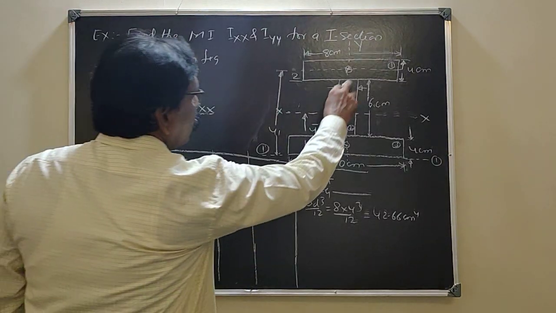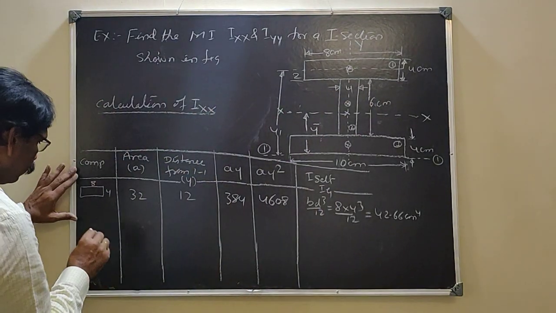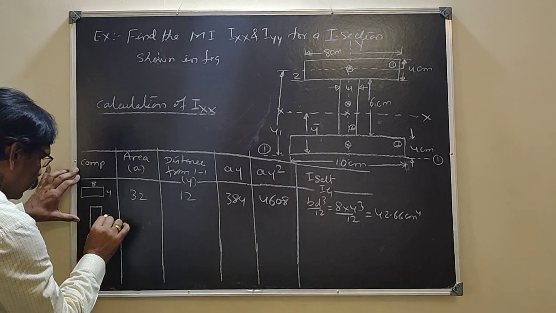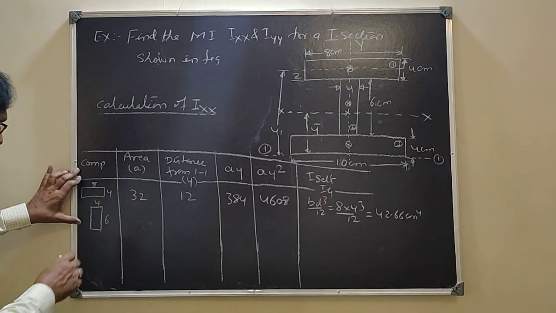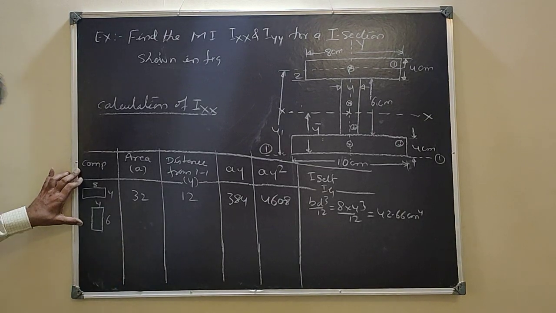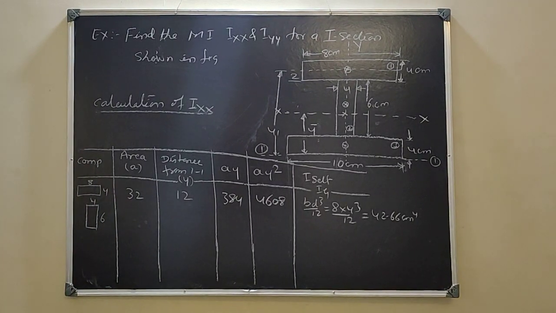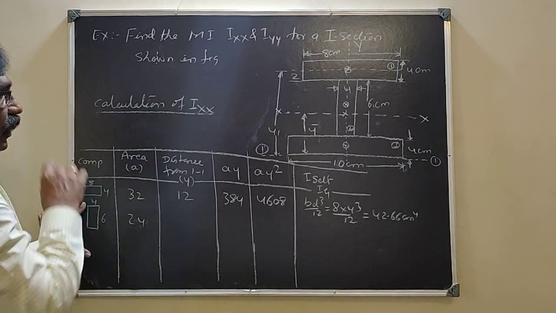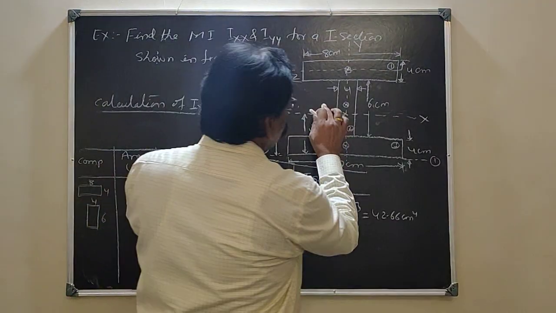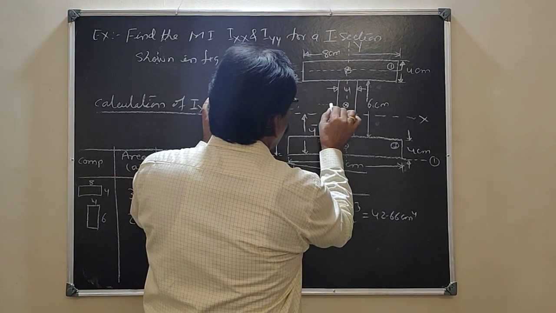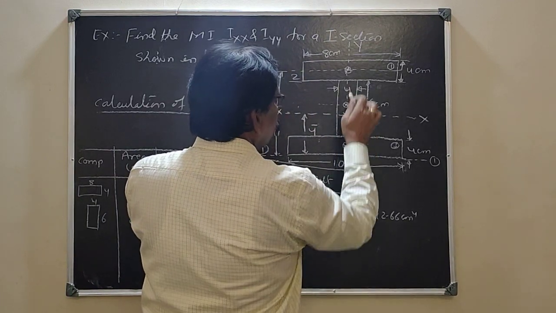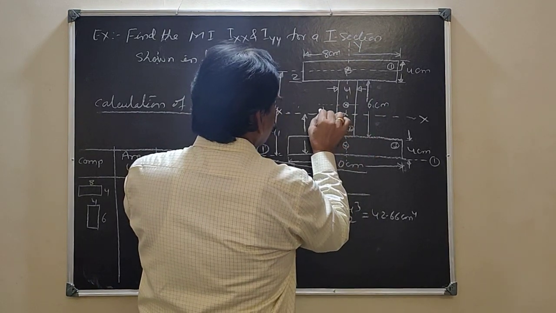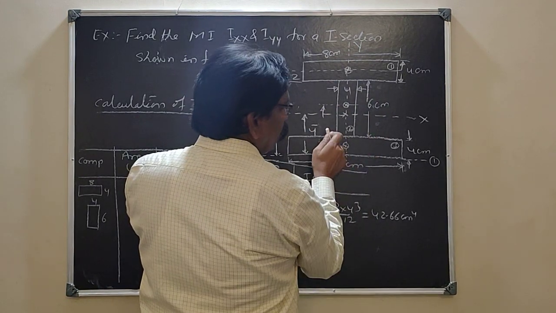Now the second unit is a rectangle of size 6 centimeter by 4 centimeter. So area is 24 centimeter square. As far as the centroid distance is concerned, this is the centroid of this individual unit. So that means 6 by 2, that will be 3, plus 4.